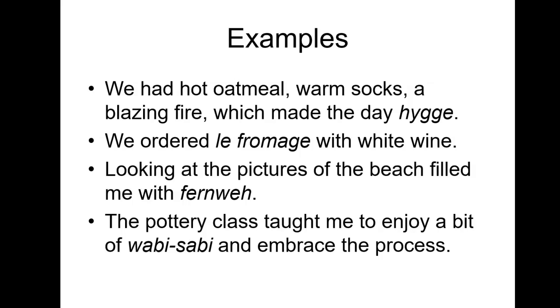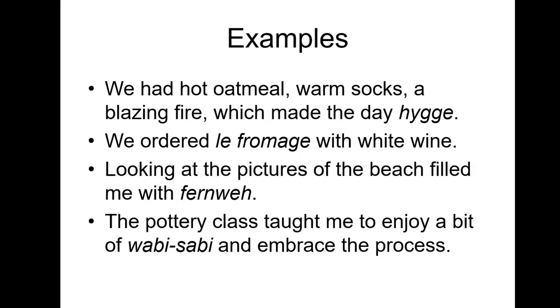All right, let's take a look at another example here. The pottery class taught me to enjoy a bit of wabi-sabi and embrace the process. Here with wabi-sabi, we're using a Japanese word. And what we're doing is, again, grabbing a word that just doesn't really have an English equivalent.